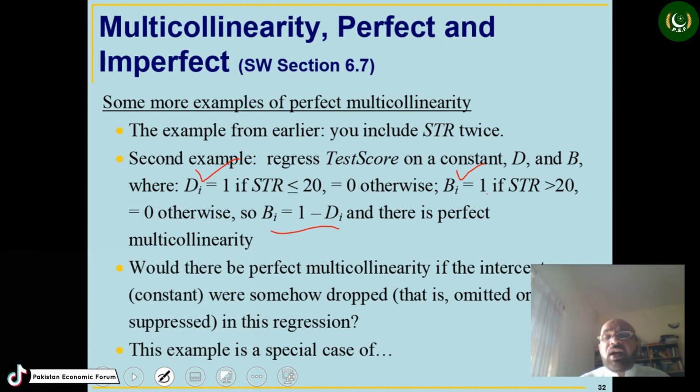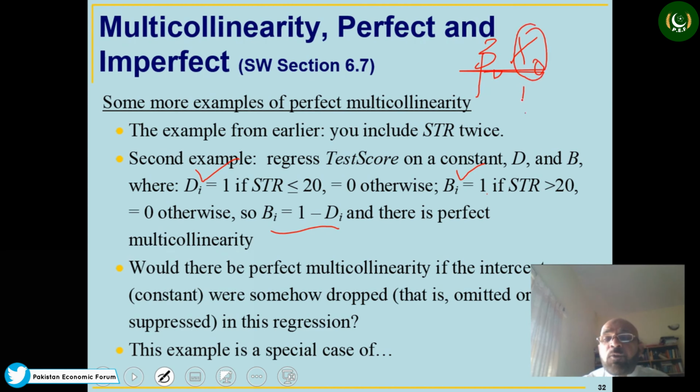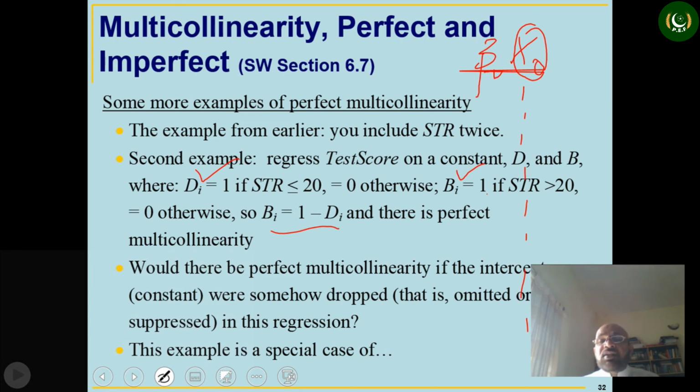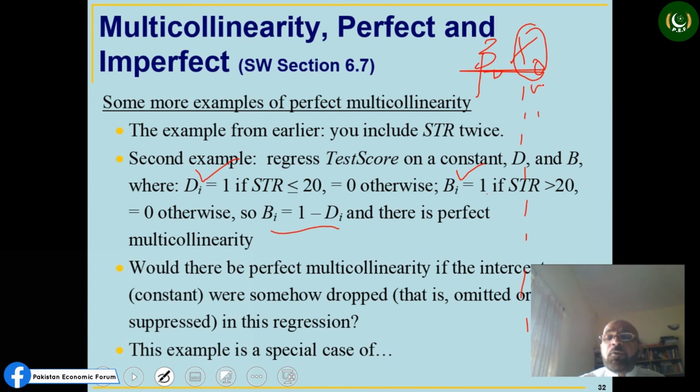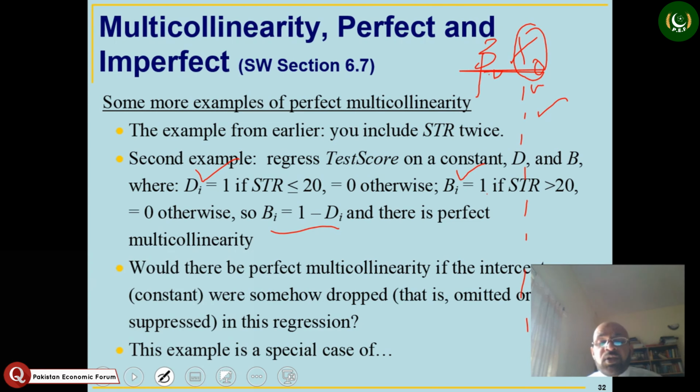Because intercept is always beta naught, x naught. X naught is always a variable of 1, 1, 1, 1, 1, 1, 1. If you include as many dummy variables as number of categories, their sum will be a column of ones. So intercept, the x naught, and those dummies will be perfectly correlated.